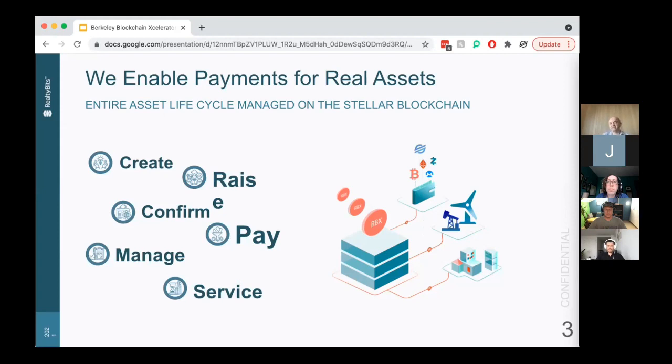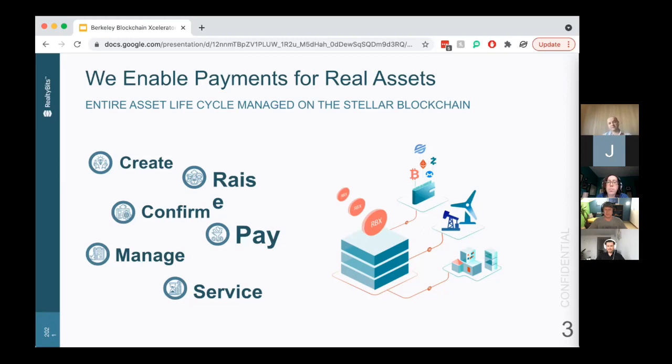And then servicing the asset. By servicing the asset, what we mean is when I make an investment, I buy a piece of a private equity fund or a piece of a commercial real estate building, I expect returns. So the general manager typically updates me, messages me, and tells me how the asset is doing, and or sends distributions, dividends, or preferred return, any kind of payback to me.